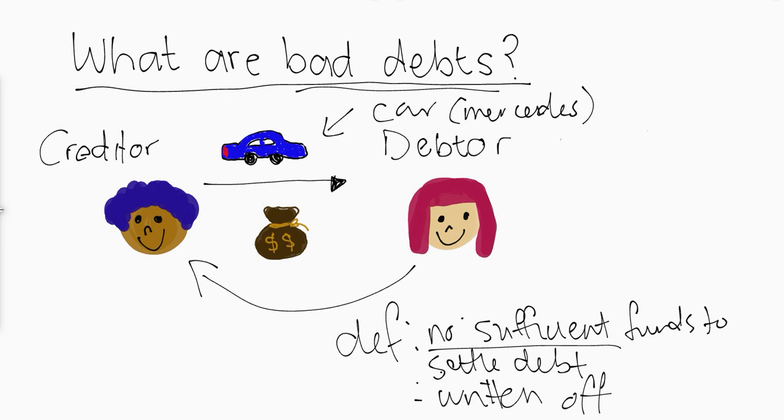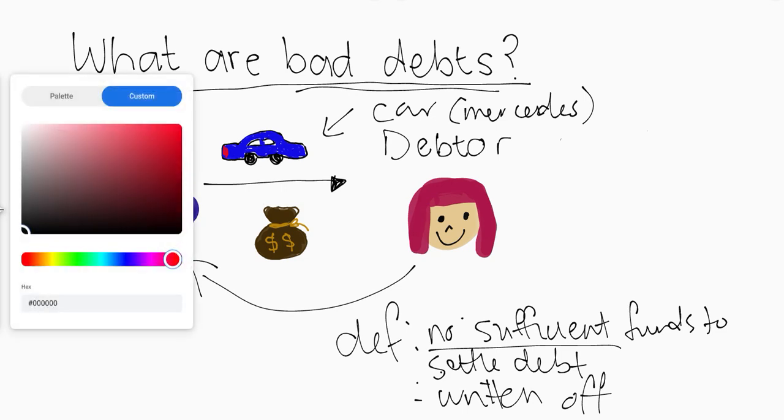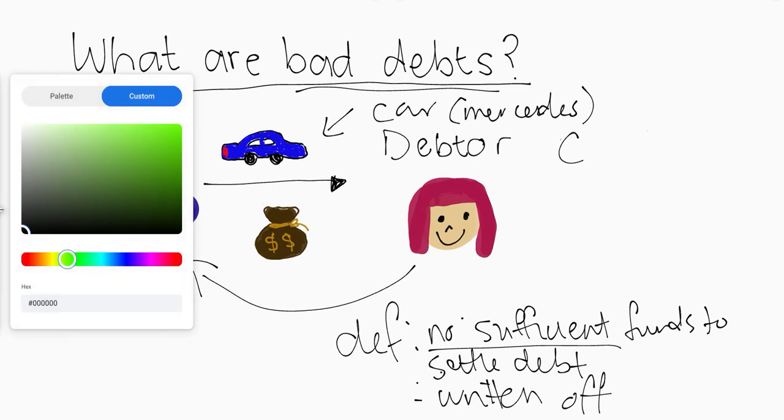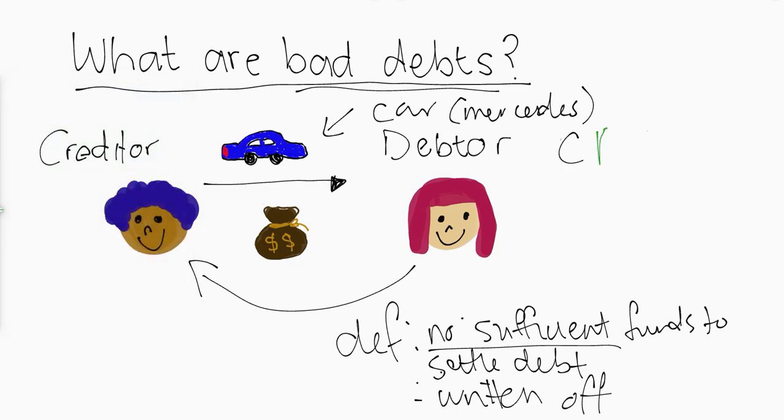So the creditor allowed the debtor to buy this vehicle, the Mercedes Benz, on credit. Now for example, just for argument's sake, let's say this Mercedes was worth 150,000 rand.